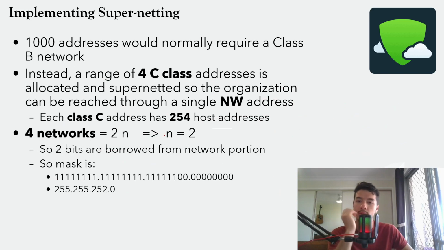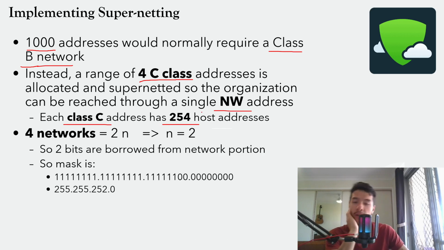All right. The 1,000 addresses would normally require a Class B network, obviously. We've done that in our previous videos where we went through that. Instead, a range of 4 Class C addresses is allocated and supernetted to the organization. It can be reached through a single network address. Each Class C address has 254 valid host addresses, that is, excluding broadcast and network.